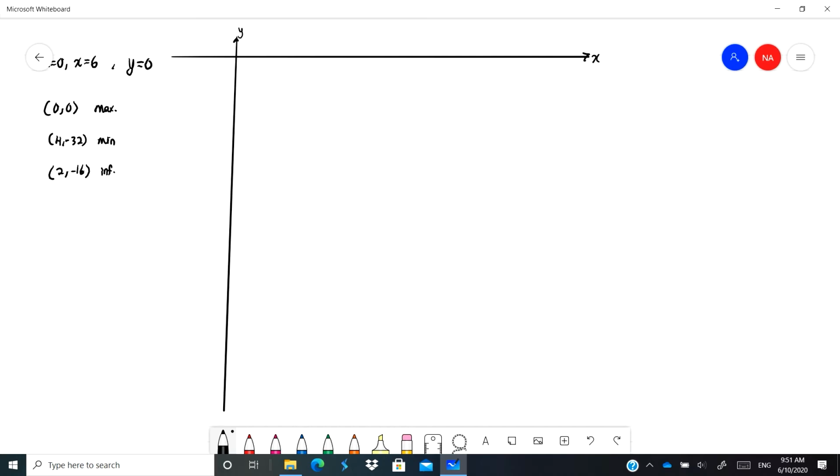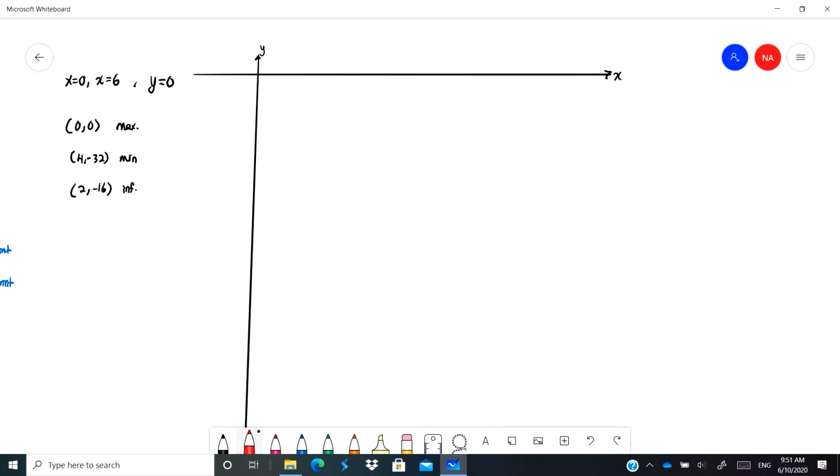We know that we're going to pass through x equal to 0 and also x equal to 6, so I'm going to write 6 here. Then we'll have to pass through 4 and 2, so we'll have 0, 2, 4 and 6.